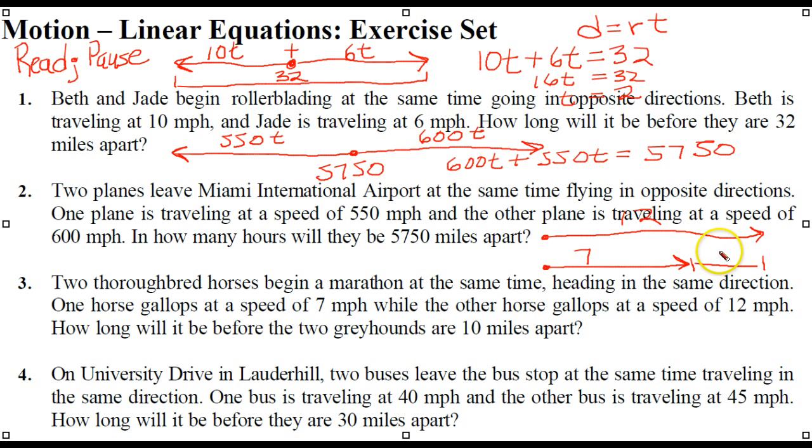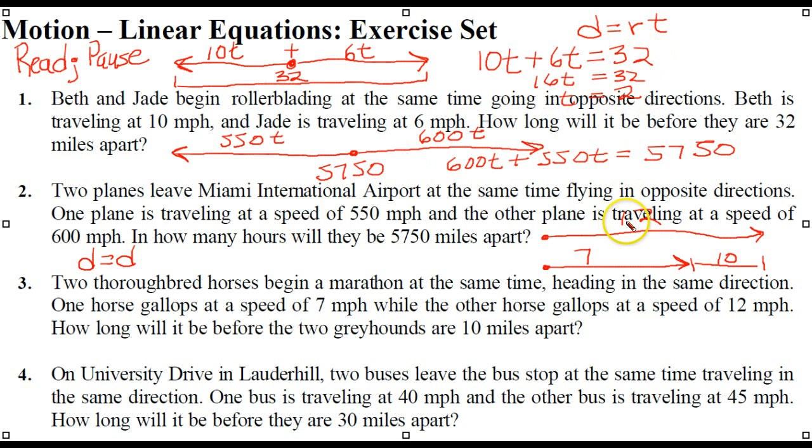Here, this is actually not rate, but the amount of distance. Now, in a case like this, we're looking for distance being equal to each other. Distance will equal distance. We're still using rate times time.